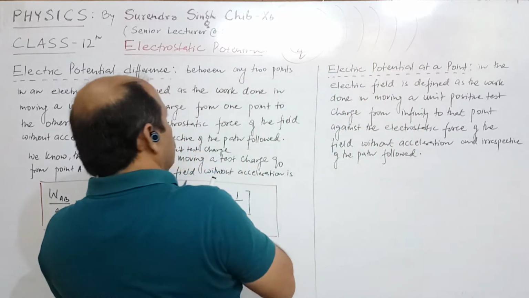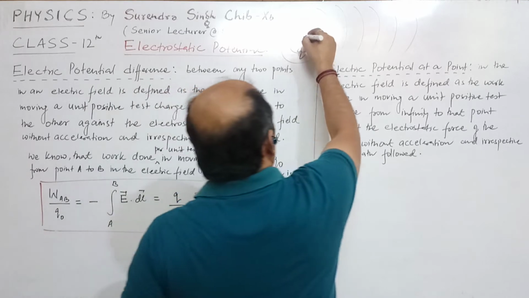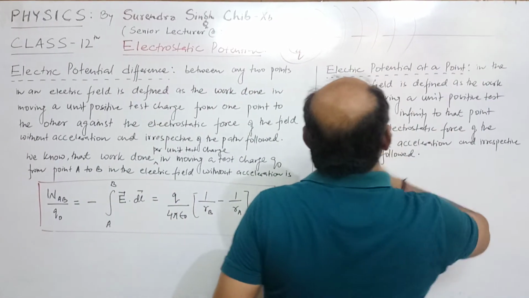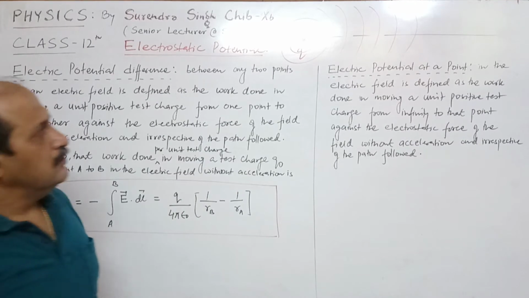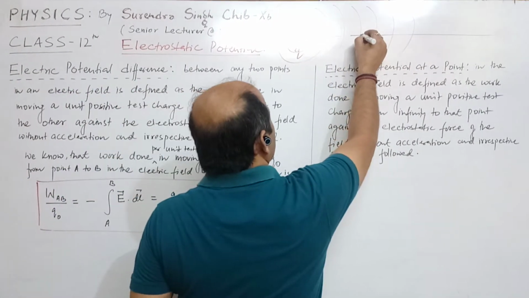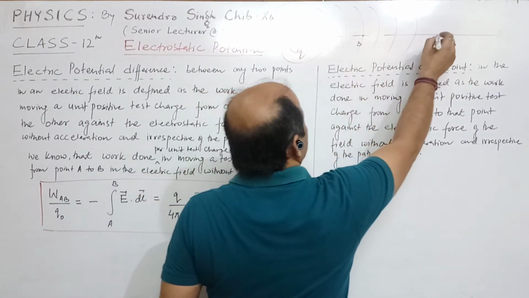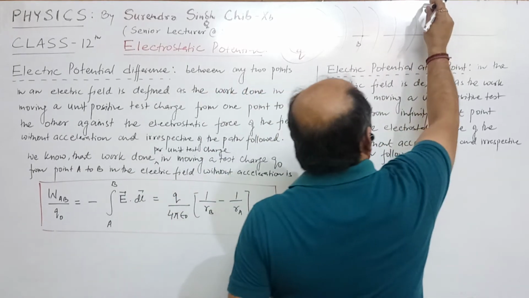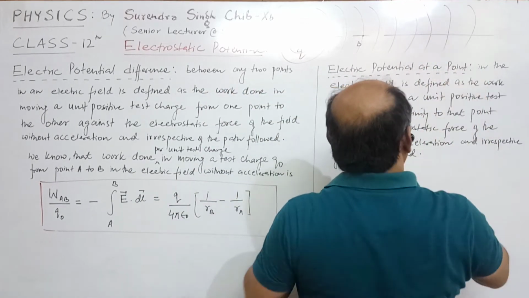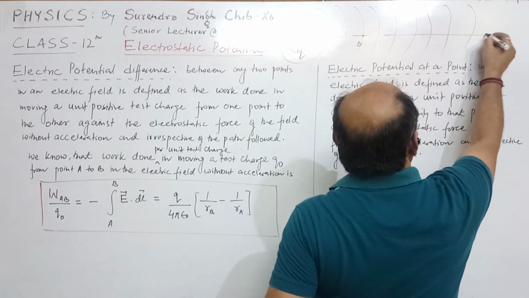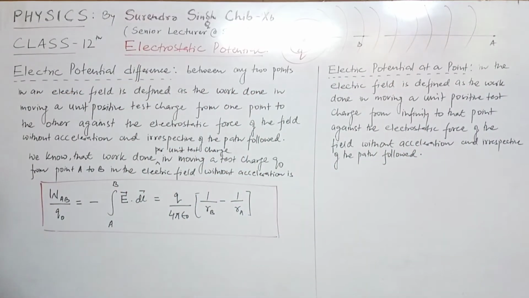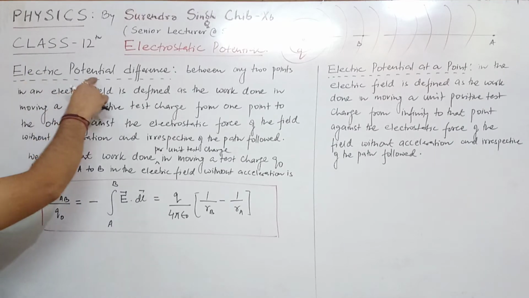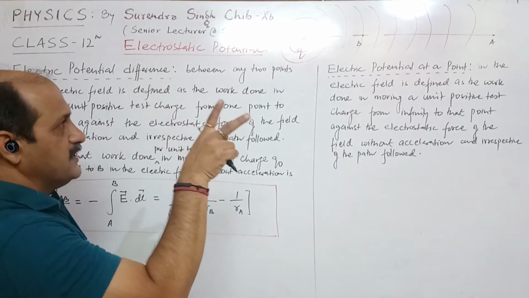So for example, this is a straight line. So for comfortable derivation, I am taking 2 points. For example, this is point B, and very far away from it, I am taking a point, say A. Here it is.